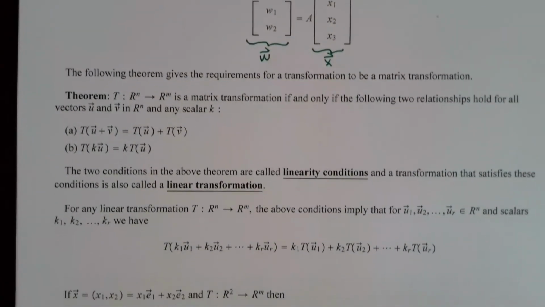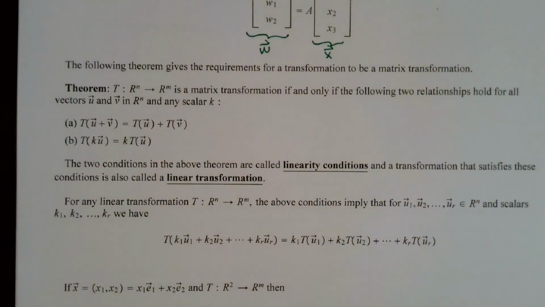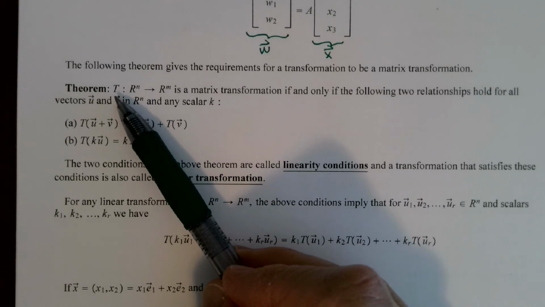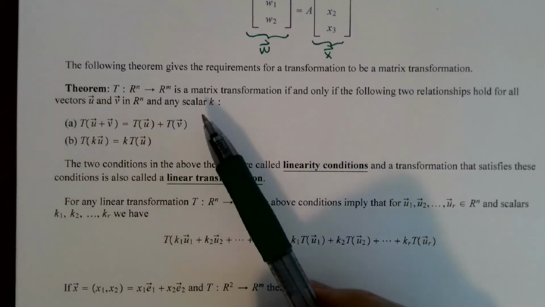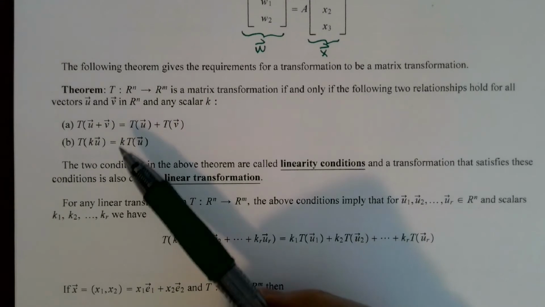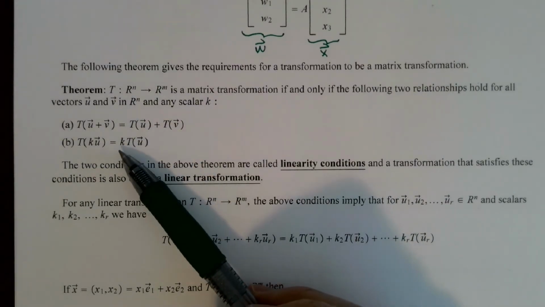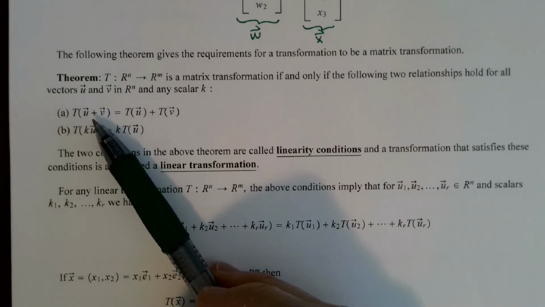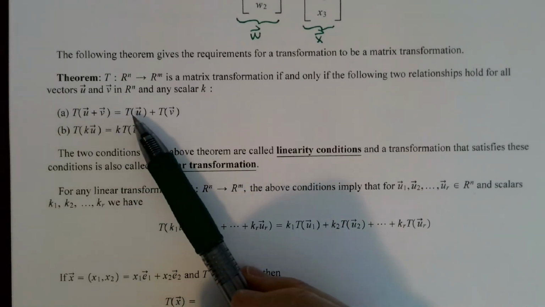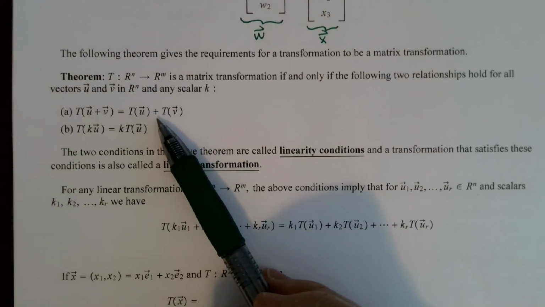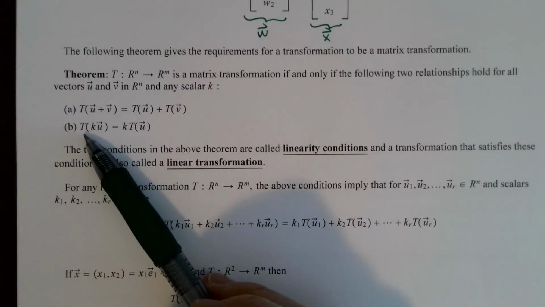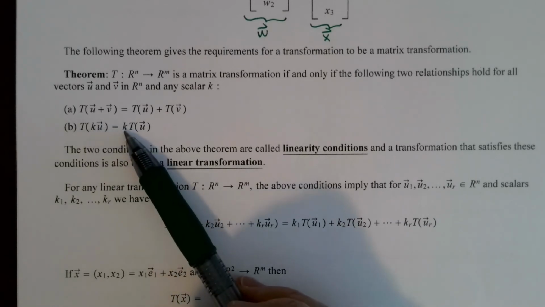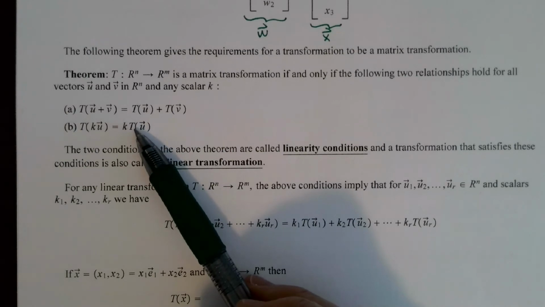Now, the following theorem gives requirements for a transformation to be a matrix transformation. If you have a transformation from n space to m space, it's going to be a matrix transformation if and only if these two properties hold. Basically this says the image of a sum of vectors in the domain is the sum of their images in the codomain, and the image of a scalar multiple in the domain is that same scalar multiple of the image in the codomain.